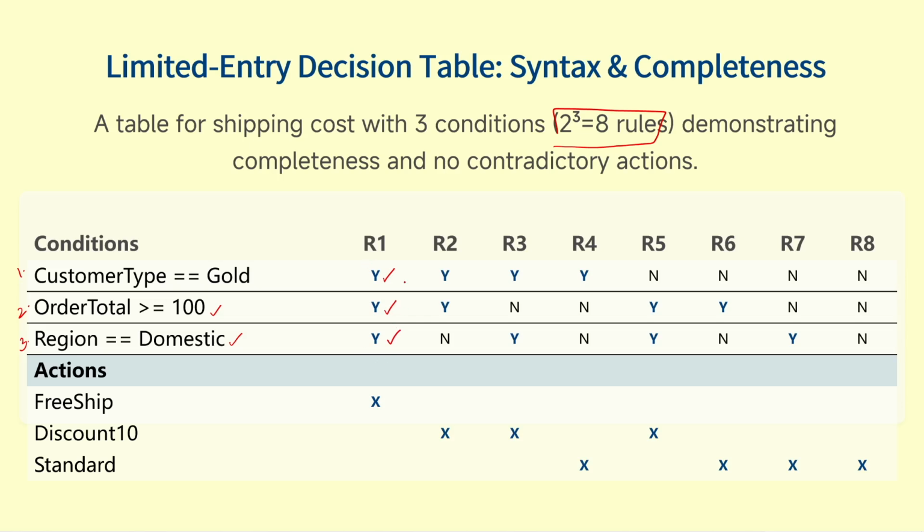When all the 3 are yes, you are trying to give a free delivery. And if the region alone is not domestic, you have given an N, you are trying to give a discount of 10%. These are nothing but the actions, and this will be taken on a particular condition that has been met. Okay, so this is the idea.